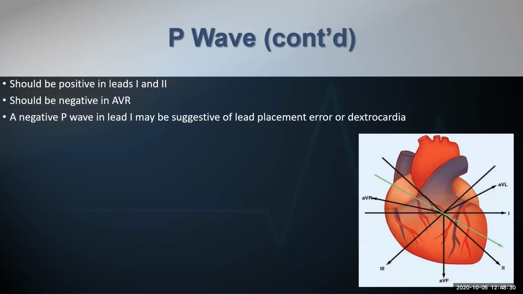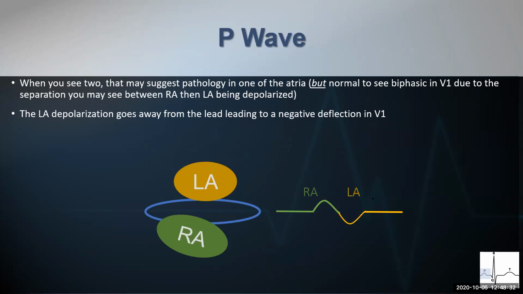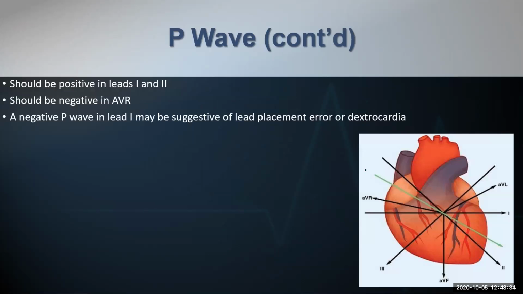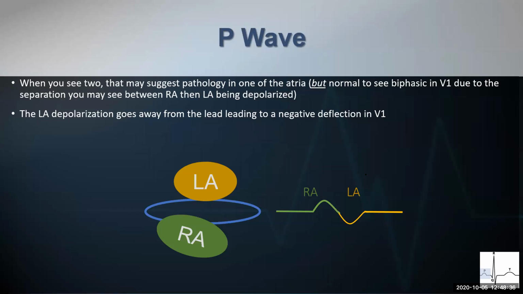Or it could be dextrocardia, right? Oh, actually, I just put that there. Lead placement or dextrocardia. So when you see 2 waves, meaning instead of one single hump you see 2 humps, like the P mitrale or the P pulmonale, with this sinusoidal or biphasic wave, then you're suspecting that there's some other pathology going on with the atria. It's normal to see biphasic in V1, though.